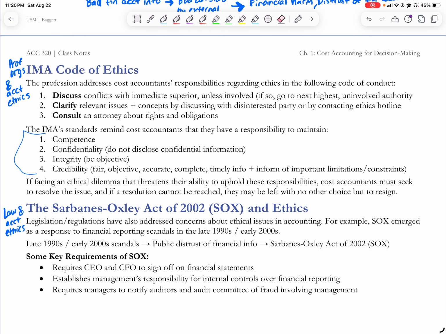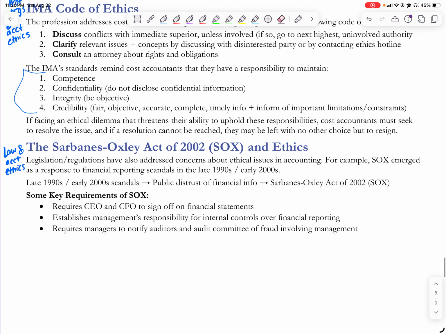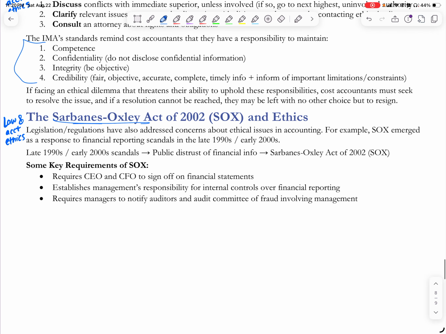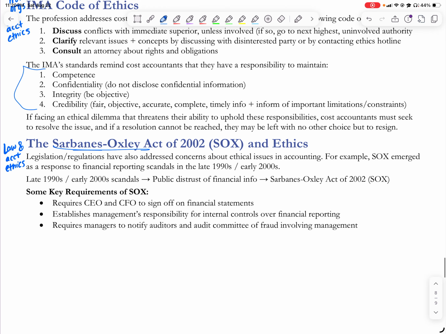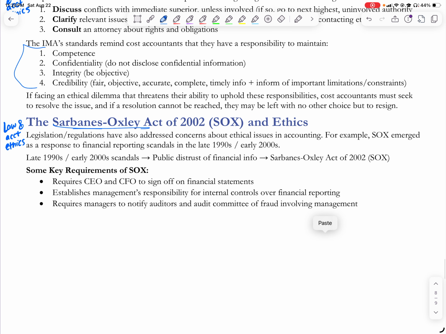Accountants' ethics are not just something that's been addressed by professional organizations, though. The Sarbanes-Oxley Act of 2002, or SOX, also addresses the ethics of accountants as a matter of law. In particular, this is mostly applicable to financial accountants, but we'll discuss it here anyways.